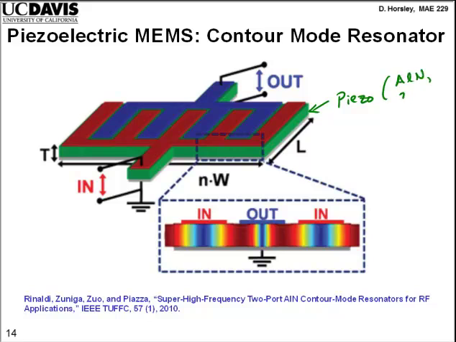Some people have made these with zinc oxide, for example. Same thing for the F bars, so they're either aluminum nitride or zinc oxide. There are top and bottom electrodes. These are interdigitated electrodes, sometimes called IDTs, interdigitated transducers.